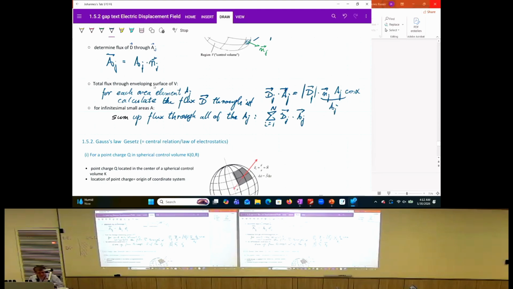So if we, in the ideal case, do not a summation, but start to do a surface integration. So it's more exact if we divide our surface into very small areas, A sub j.